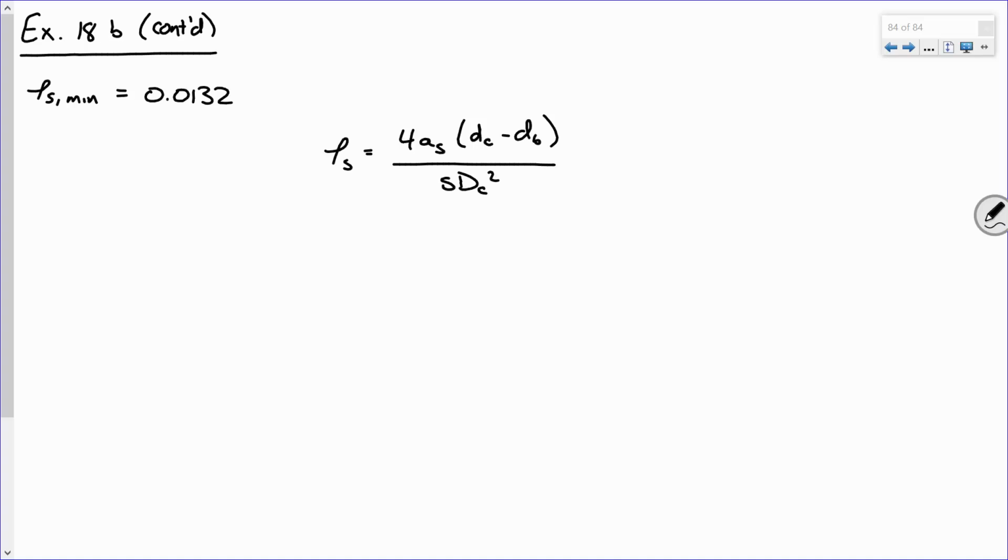Remember that? Okay, remember how we compare the limit against what's actually there?